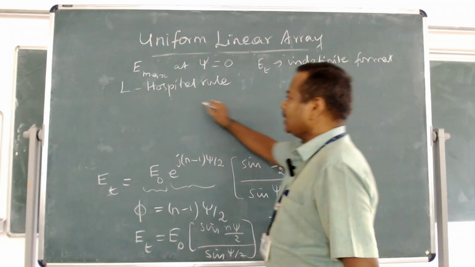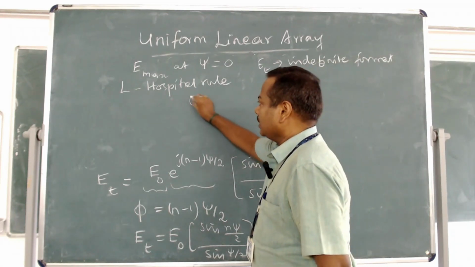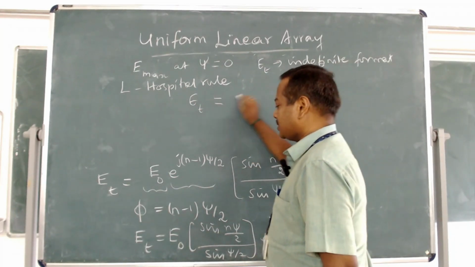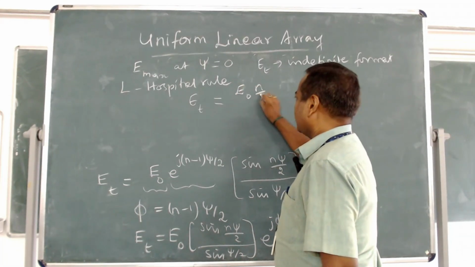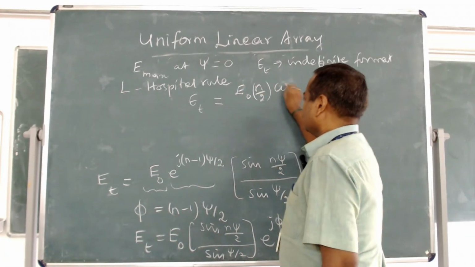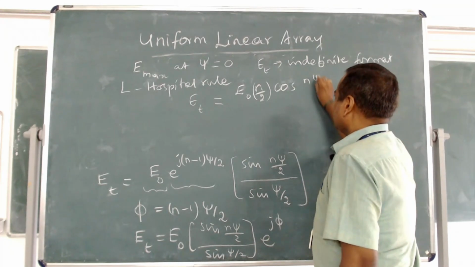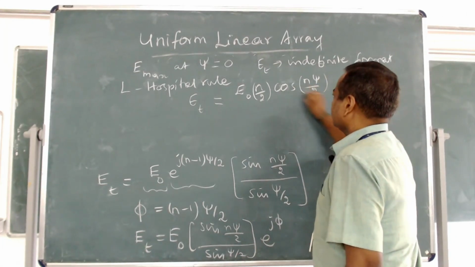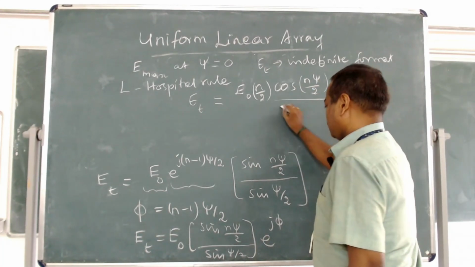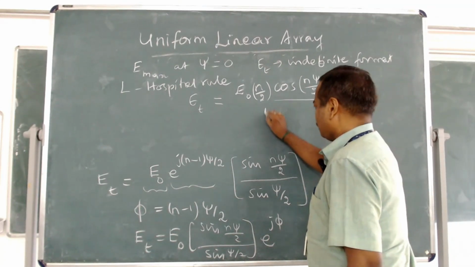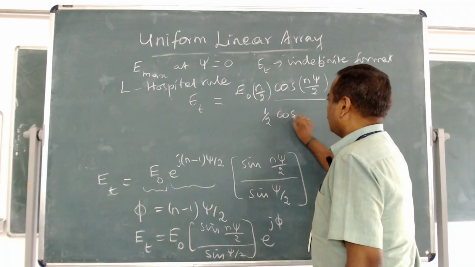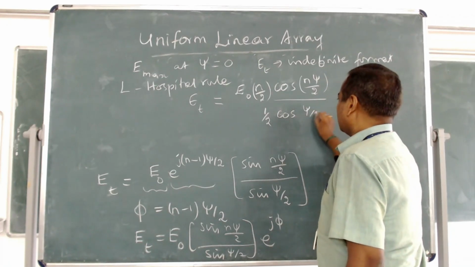So upon differentiating, we get E naught into n by 2 cos n psi by 2, divided by 1 by 2 cos psi by 2.